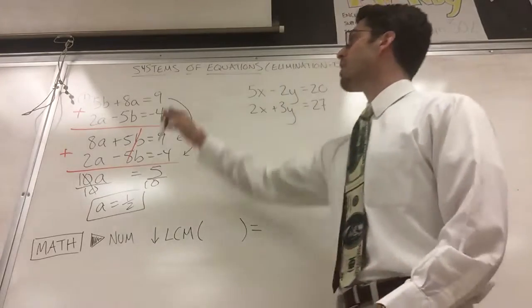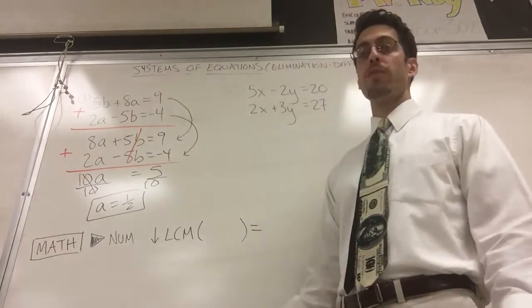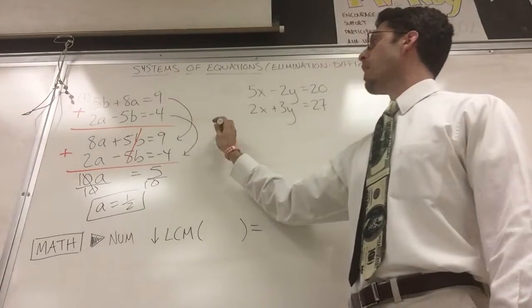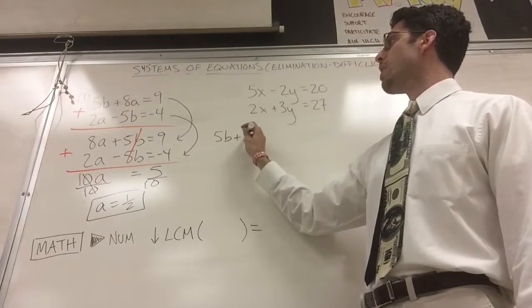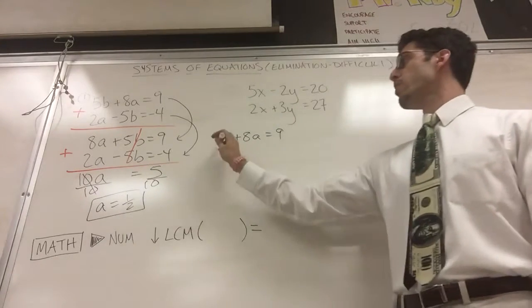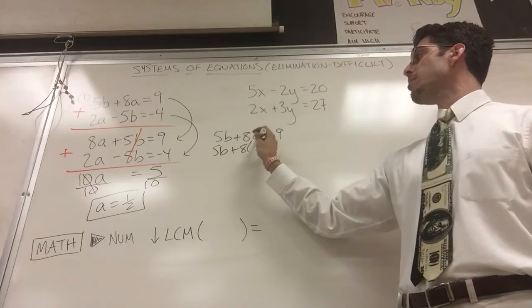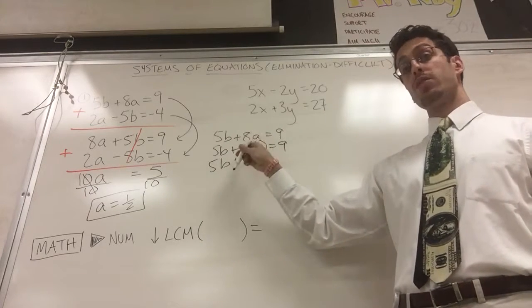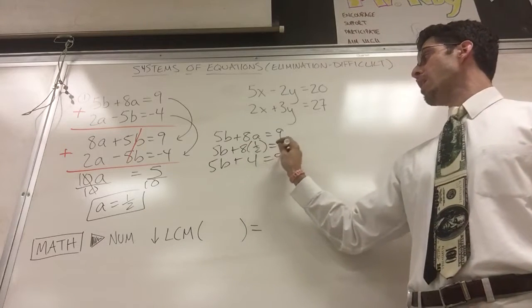I got to go back to the beginning, choose my favorite equation. I like the first one, 5B plus 8A equals 9, but I know that A is half. So 5B plus 8 times a half equals 9. 5B plus half of 8 is 4 equals 9.